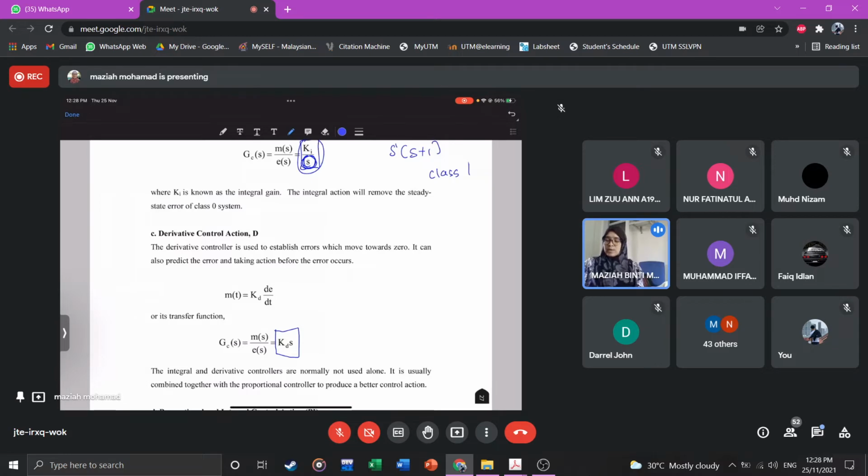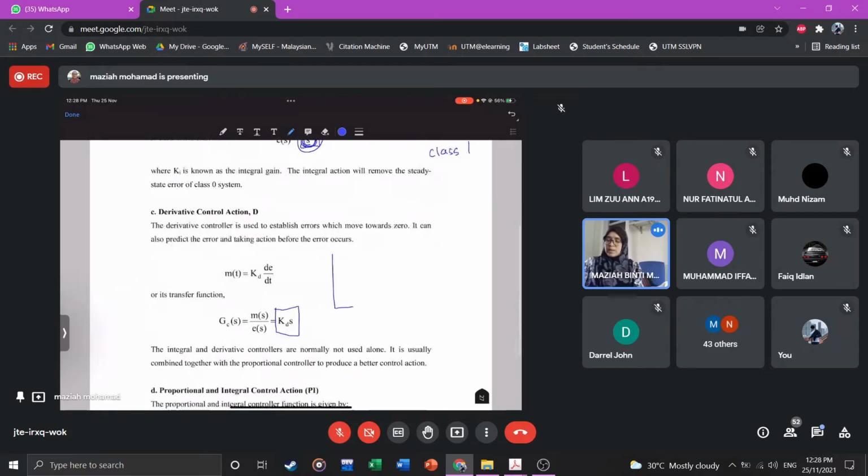If we plot the error function e(t), for example, the error is maybe like this, showing how the error changes with time. Then we get the gradient.